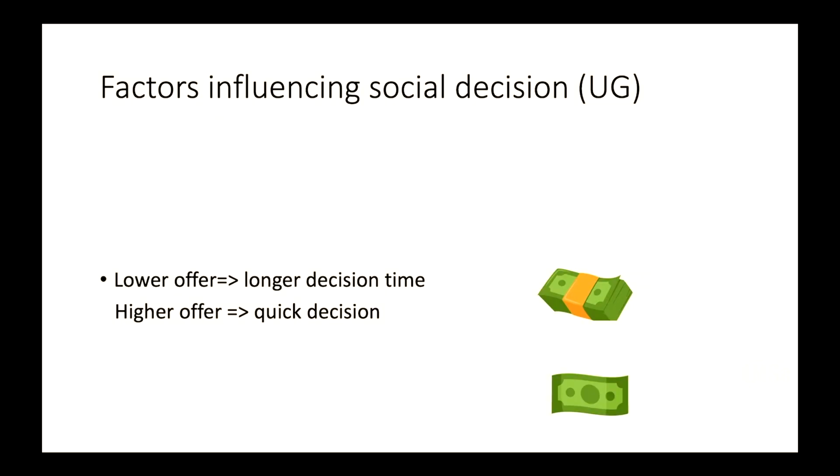The other thing is that if you make a lower offer, if you are offering less money, you typically take more time to come to a decision. However, if you offer more money, you tend to decide very quickly. This time that you take to decide has a name in psychophysical tasks: it is called reaction time.